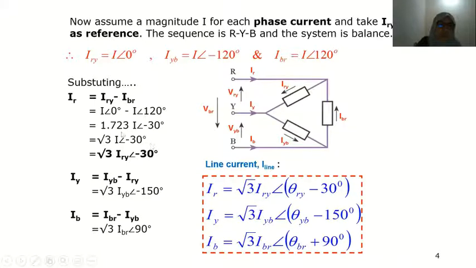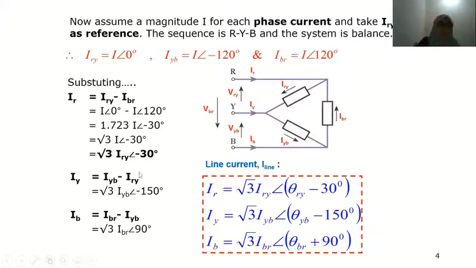Finally, you will get square root 3 I phase with minus 30 degree. So IR is square root 3 of the I phase, which is IRY, with minus 30 degree in angle.